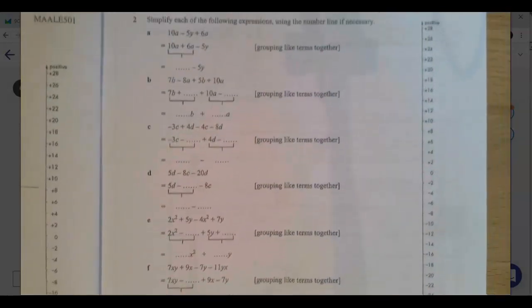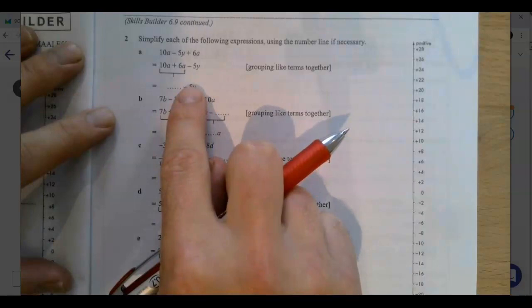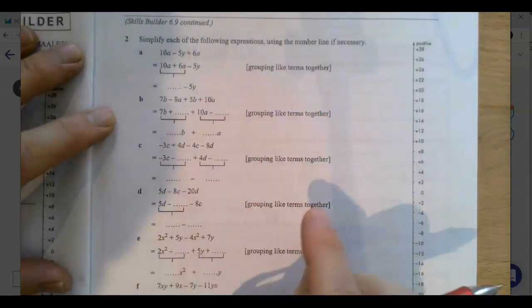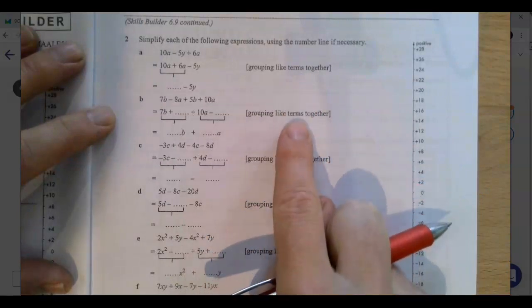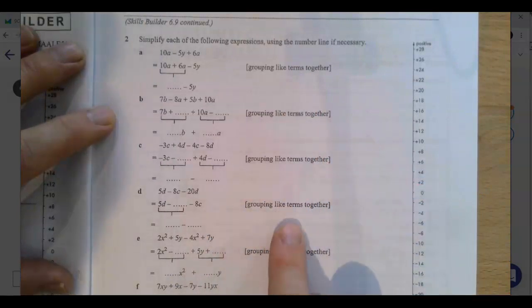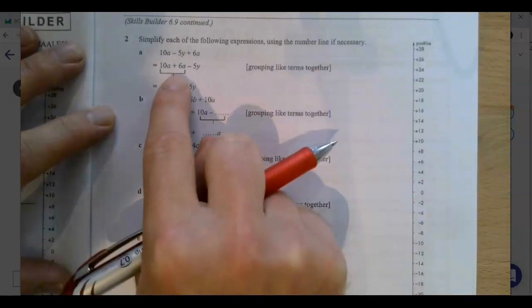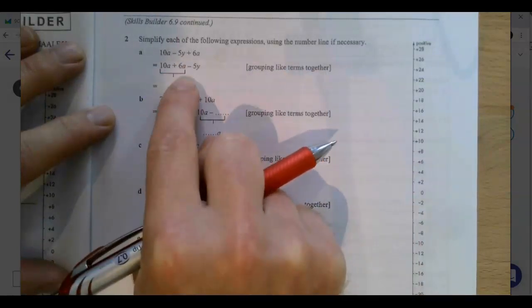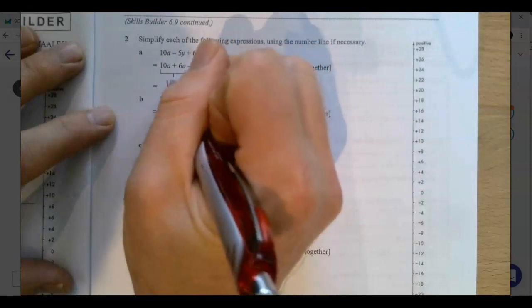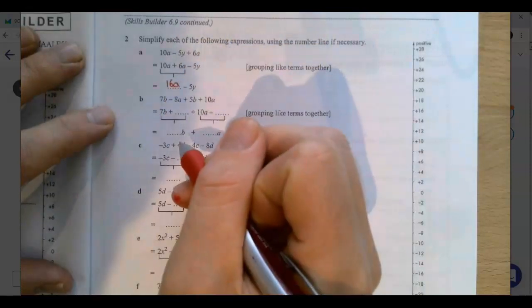Then we have to put that into practice when we're working with mixed terms in more than one family. You can see they've tried to write what they're doing at each step as we go down. Grouping like terms together means writing the 10a and the 6a next to each other, which in total makes 16a.